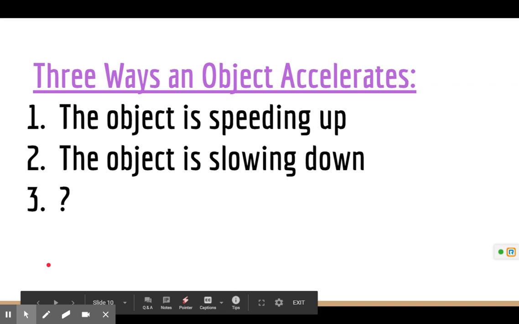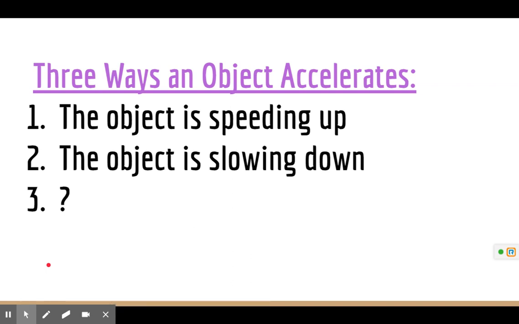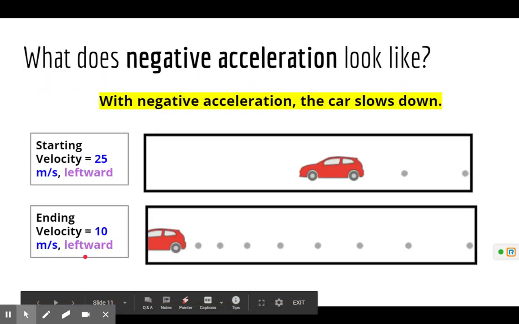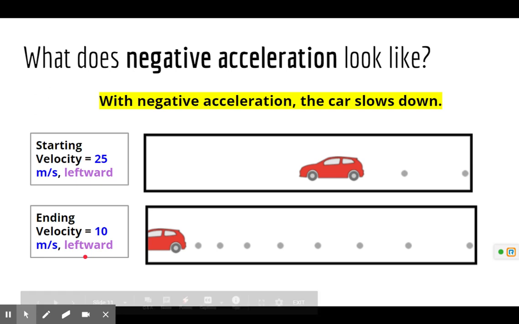Three ways an object accelerates. 1, the object is speeding up. 2, the object is slowing down. What does negative acceleration look like? With negative acceleration, the car slows down.